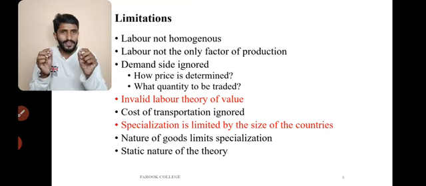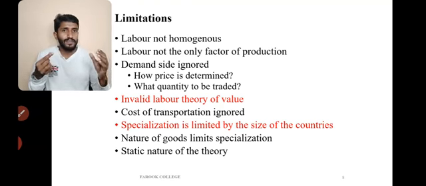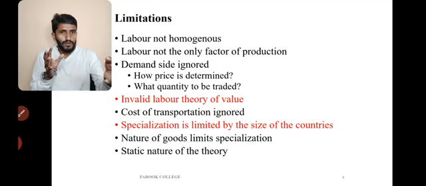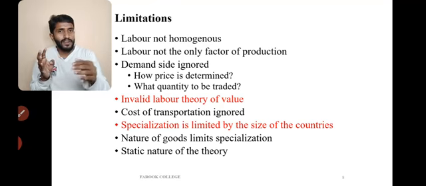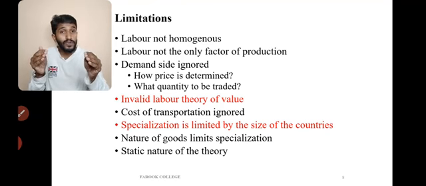So specialization is also limited according to the size of the countries. Whether the country is big or small, the specialization should be decided according to that. If it is not possible to buy all the commodities from one country, we should depend on other countries also.